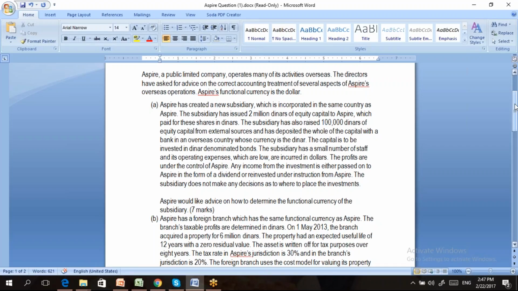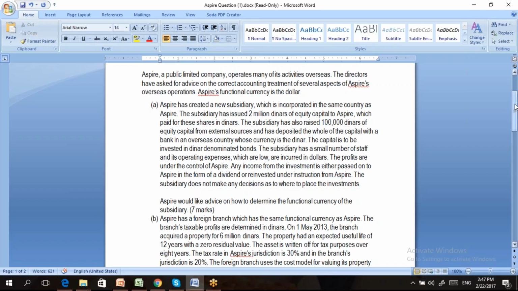They're making all the decisions. There's only a small amount of operating expenses in dollars. The emphasis is on the capital in this section.